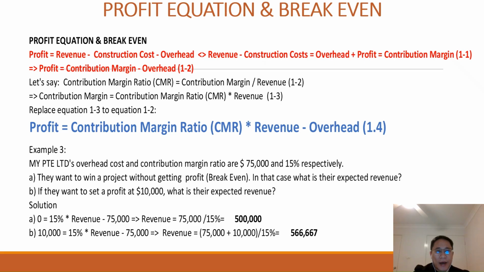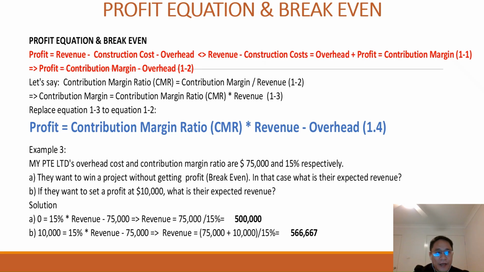We multiply by the revenue, minus the overhead, which is 75,000, and then we solve this problem. We can get the revenue in order to have break-even is 500,000.